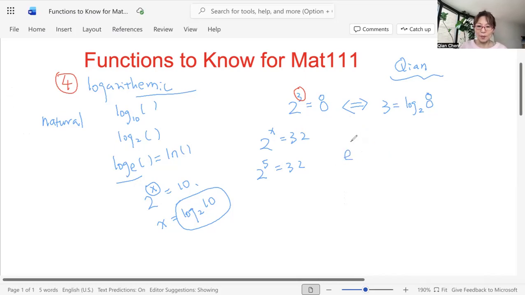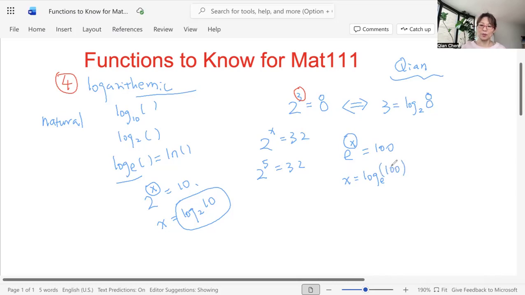Let's say e raised by x, right? Because we're in the exponential world before, so we understand that was e raised by x. So let's say e raised by x equals 100. So how do we find the value of x? So x is log base e of 100.